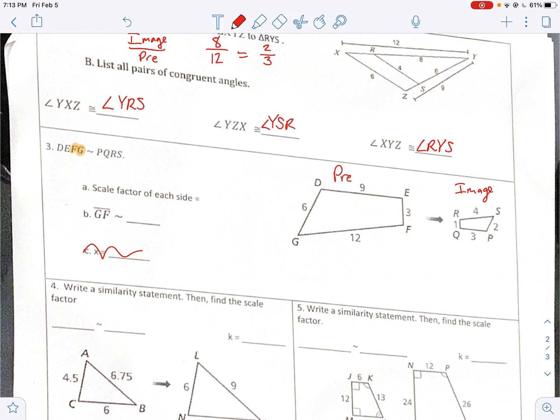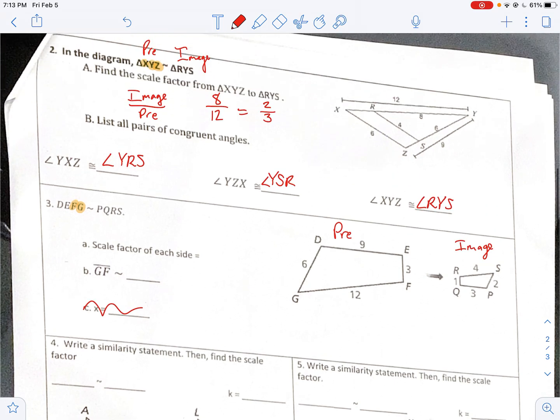Okay, so see if you can find out what the scale factor is between these two figures. Remember, it's image over pre-image. And when you're choosing your corresponding sides, make sure to use the names. So I'll give you DG. What does DG correspond to?